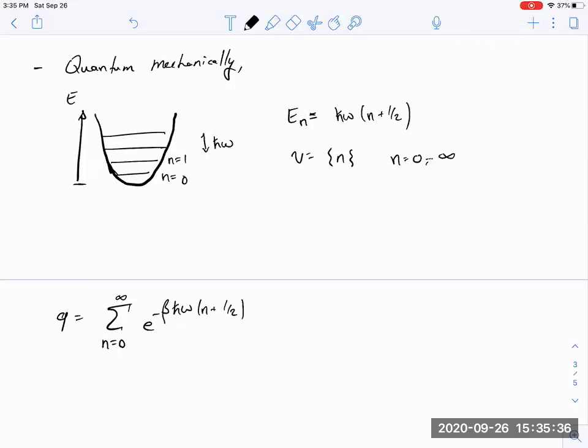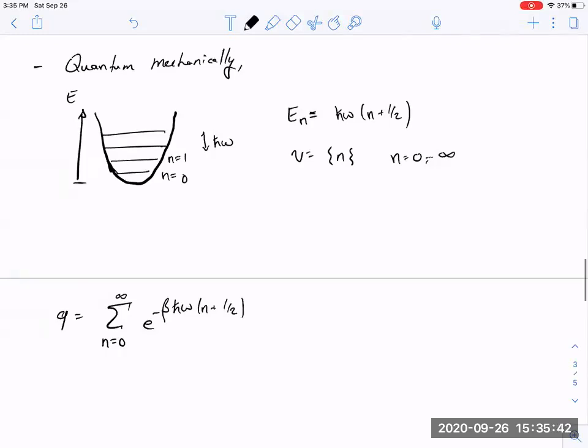Now I'm going to write this down in a slightly specific way. I can pull out that factor of e to the minus beta h bar omega over 2. That's a constant independent of the integer n, the index I'm summing over.